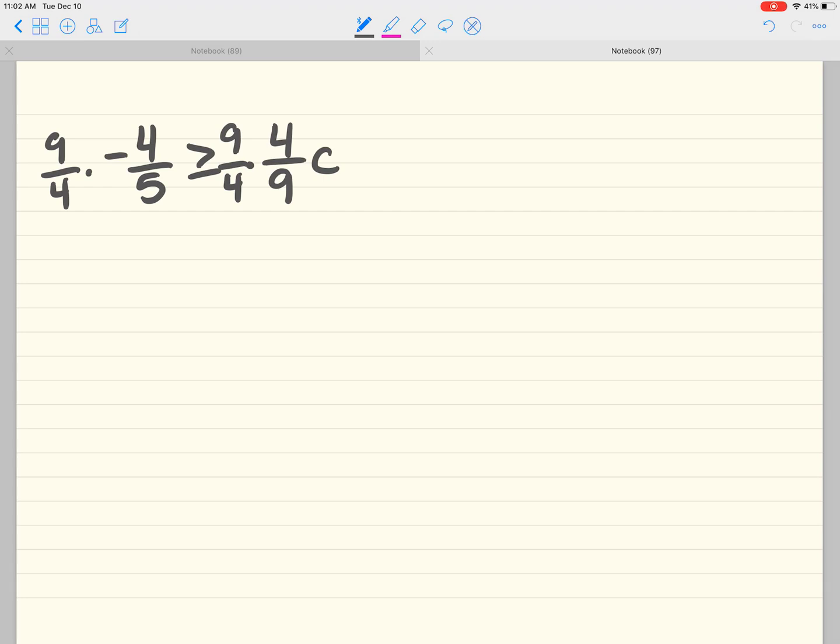Okay, do I flip the inequality here, yes or no? No. Right? So here's what I was talking about, Stone. Just because you have a negative on this side, did I multiply both sides by a negative? No, right? I multiplied both sides by a positive, so your inequality stays the same.